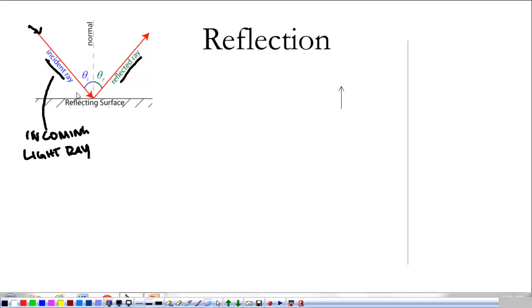Now, we don't measure this angle. We measure according to the normal. We'll go ahead and define that. The normal, and we're used to seeing the word normal, especially in this context, is a line that is 90 degrees to my surface.